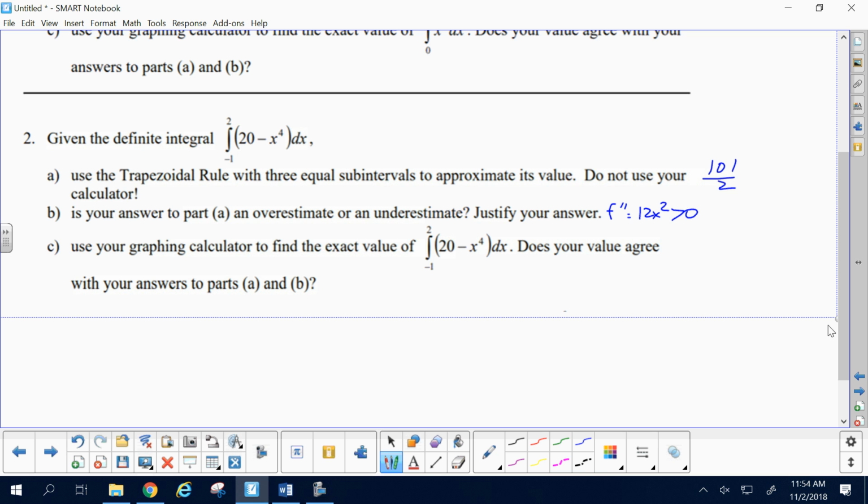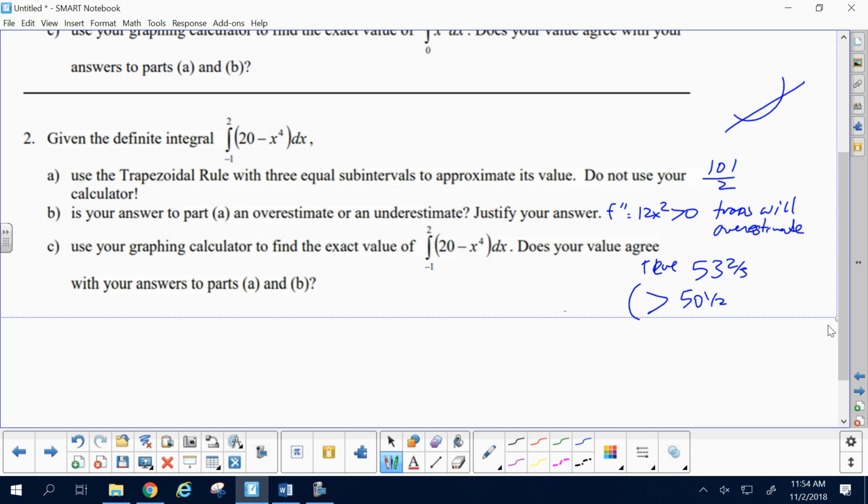And therefore, the trapezoids will overestimate because it's concave up. And for the last one, I got the true value. True value was 53 2/5, which is greater than our first estimate of 50.5.